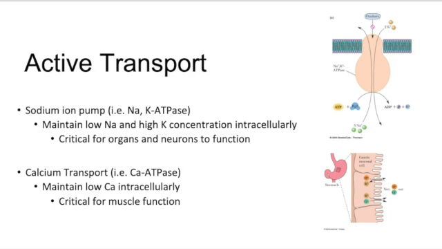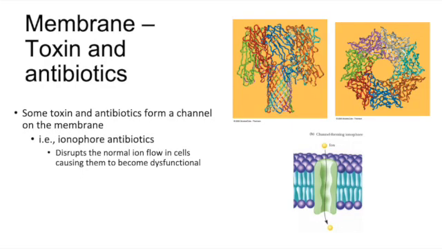All right. Now, because cells require calcium and sodium and potassium to be in a very high concentration against the equilibrium, against the concentration gradient, against diffusion, we actually could develop a drug to utilize that particular mechanism to kill bacteria, infection, and other diseases. So one of these drugs is a form of ionophore antibiotic. What it does is that it looks like this.